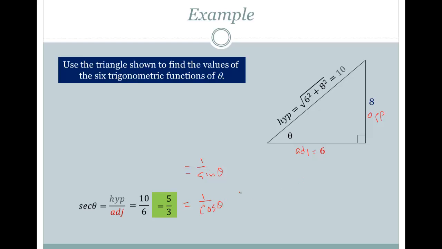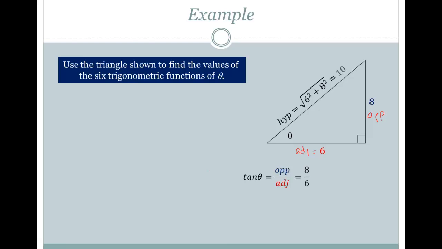You should recognize those as we're going through. Then we want to look at tangent. Tangent of theta is opposite over adjacent, which is 8 over 6, or 4/3. And cotangent is adjacent over opposite, 6 over 8, or 3/4.